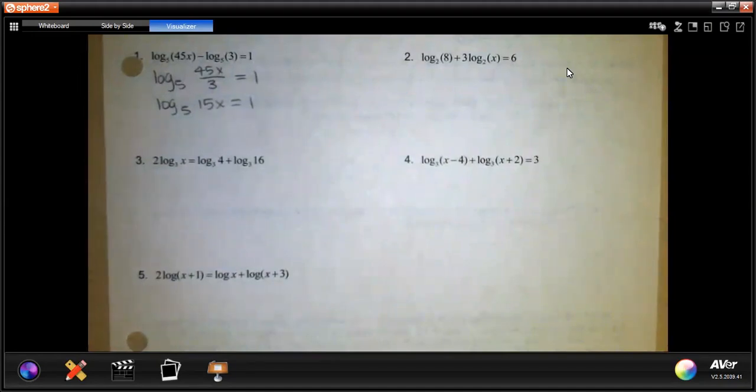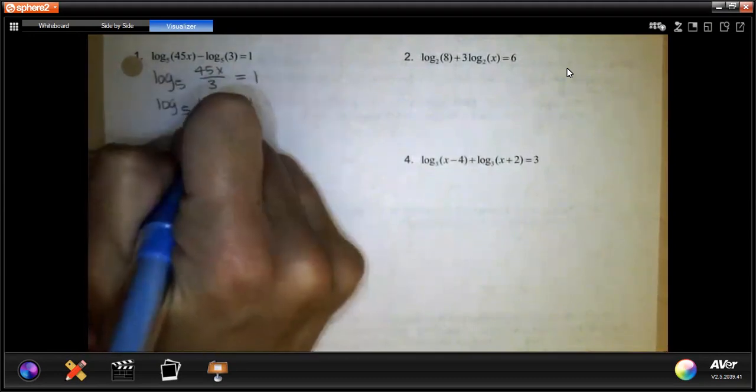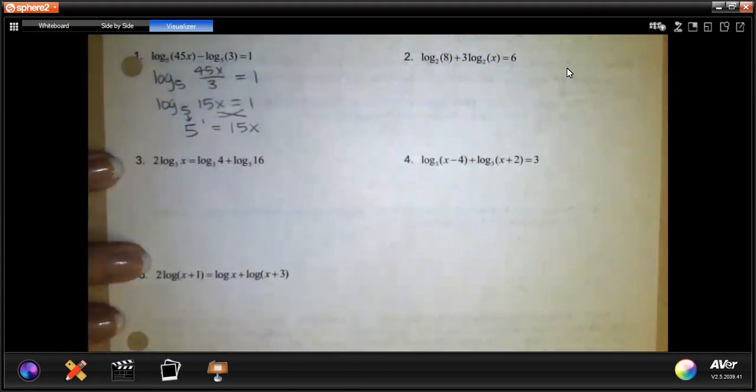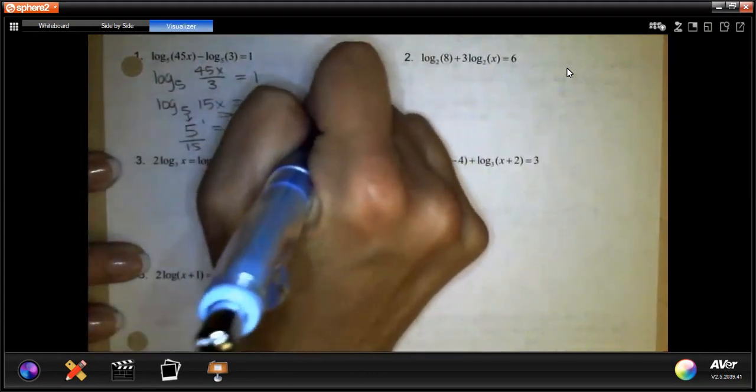Now I'm ready to convert it to an exponential in order to solve. So we drop the base and switch, and we get 5 to the first power is equal to 15x. We divide by 15 and x is equal to 1/3.